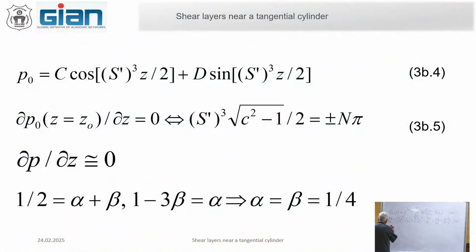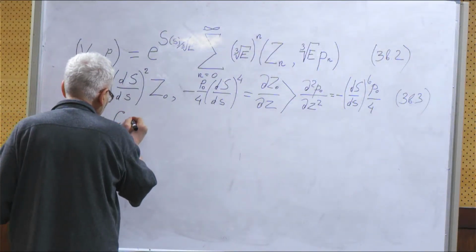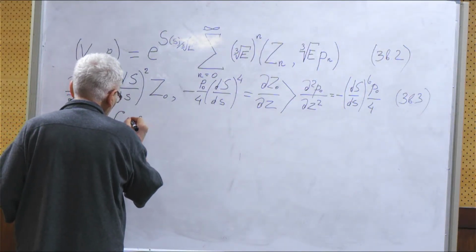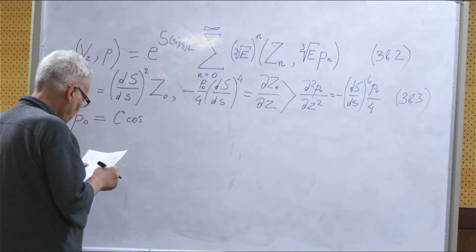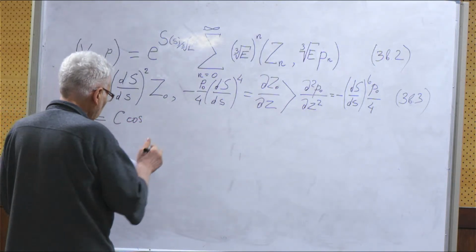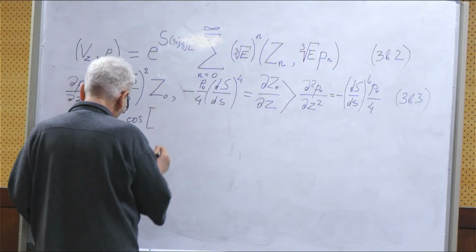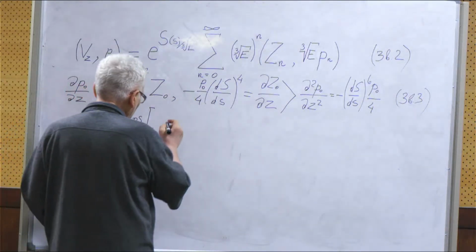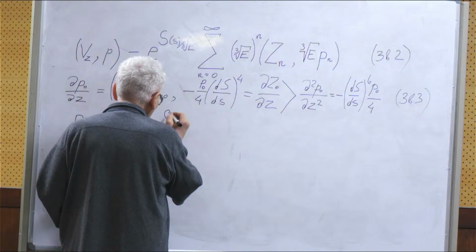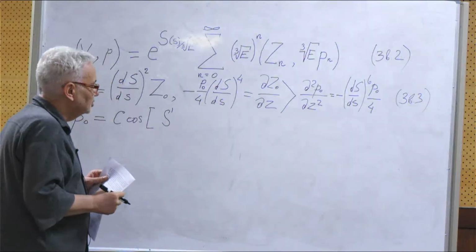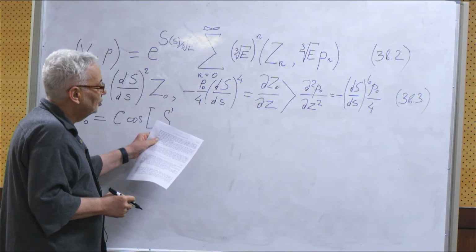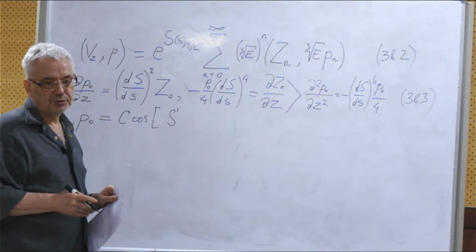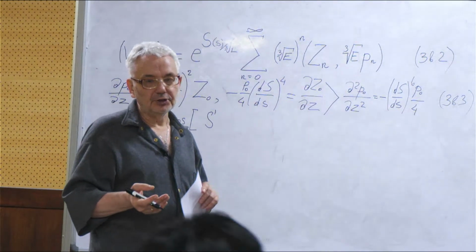So we have P0, this solution, some free constant, then cosine of S prime. Just to make these things shorter, we will denote by S prime the derivative of S in cylindrical radius.